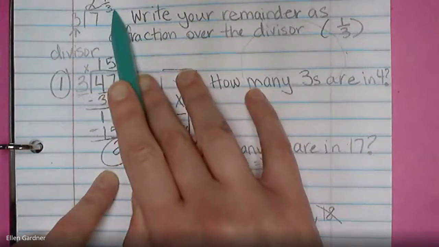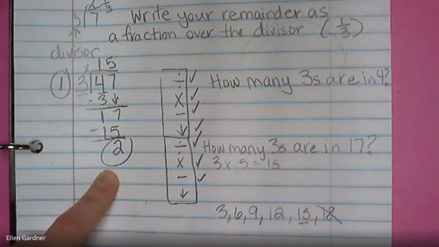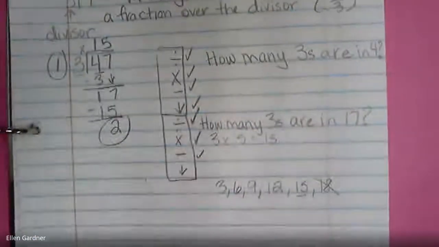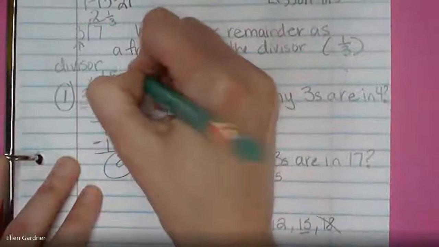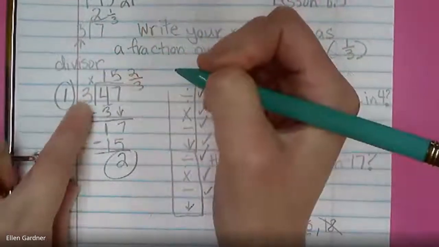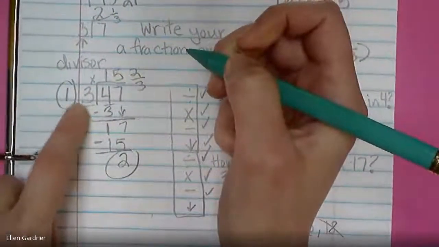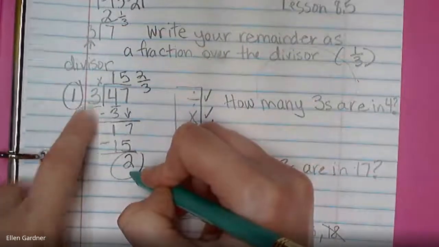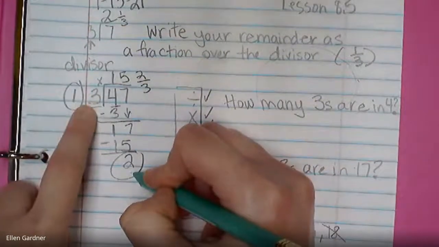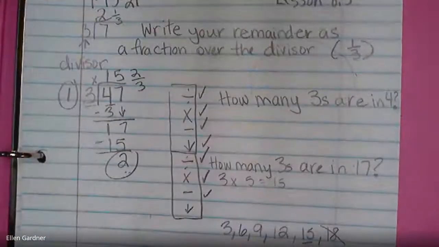Looking at this one as an example. 2 out of 3. Perfect. 2 out of 3 because it's 2 as a remainder when you're dividing by 3. This is always the denominator. It's always this over this. That's the remainder.